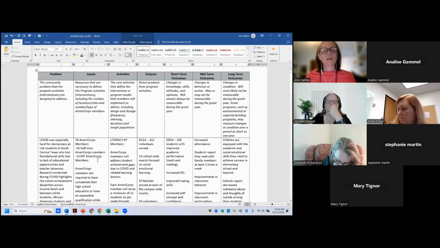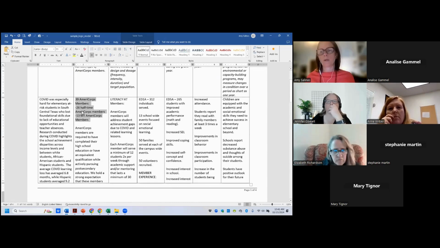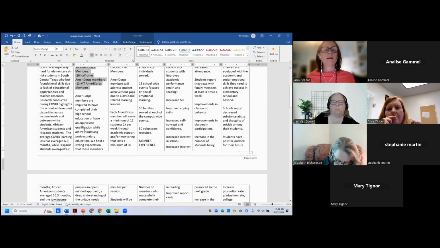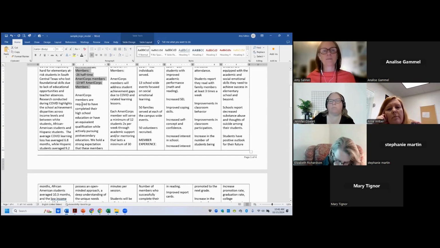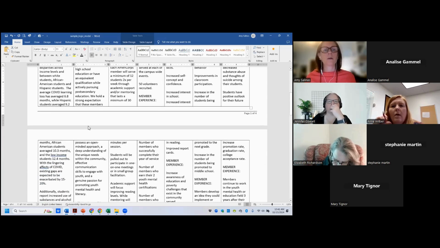And then you'll see the inputs here. Just like I talked about before, I have 39 AmeriCorps members, 26 are half-time and 13 are minimum time. So I not only said the full number, but I talked about the breakdown of types. And then I gave the characteristics. Members are required to have completed their high school education or have an equivalent qualification while actively pursuing post-secondary education.